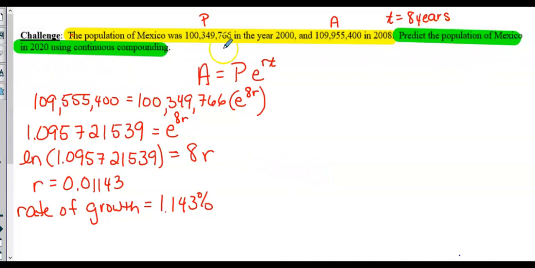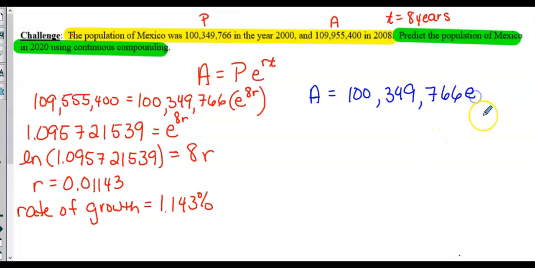So my amount is what's missing this time. Still using continuous compounding, my original number was this. Continuous compounding, I use E. My rate of growth was 0.01143, and we're looking at 20 years.